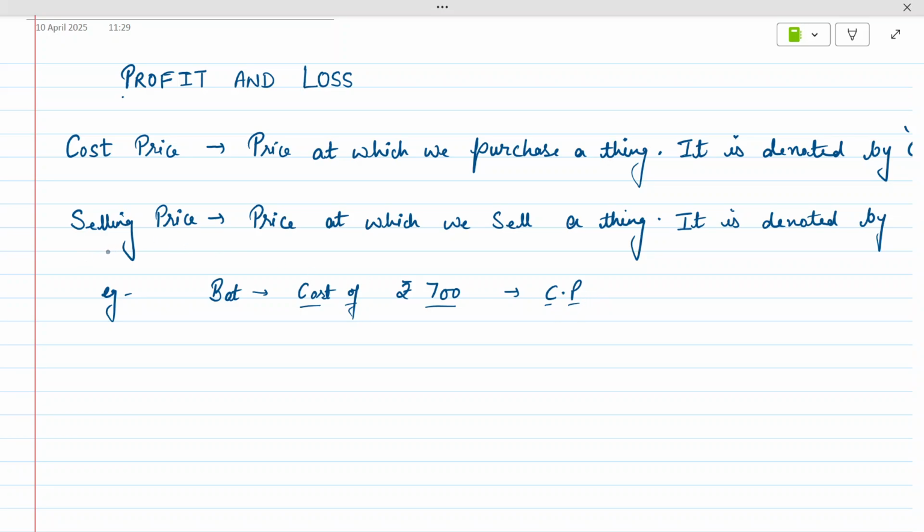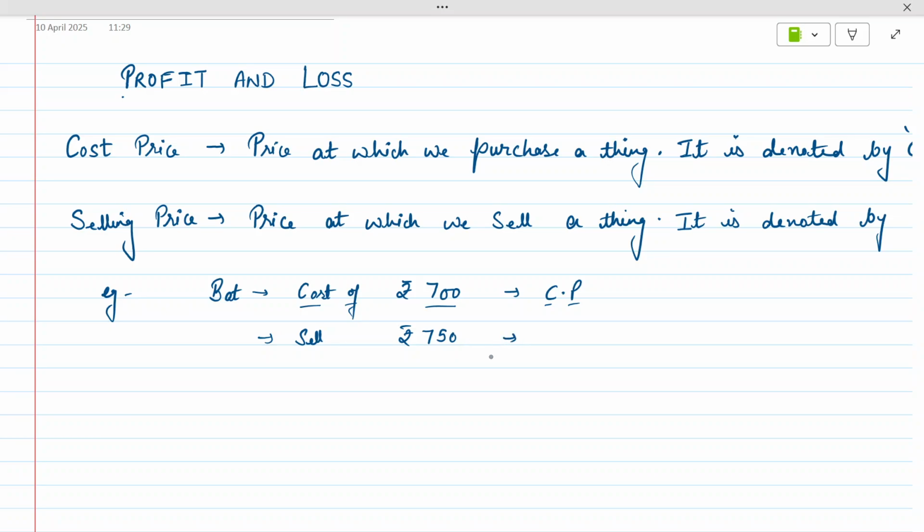Okay, the next one we have here is selling price. Now what is selling price? It is the price at which we sell anything. Now I purchased this bat at 700. So let's say tomorrow I think, okay, I don't want this bat, so let me just sell it off. Let me sell this bat at rupees 750.